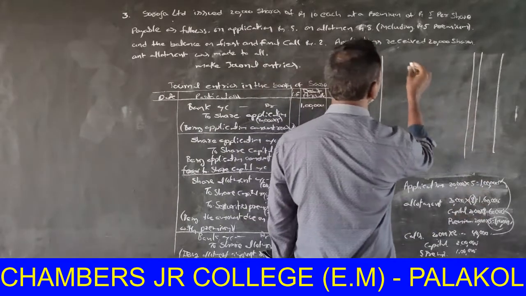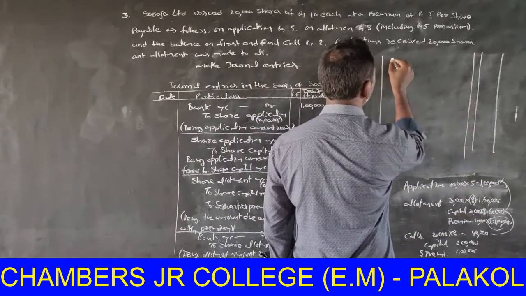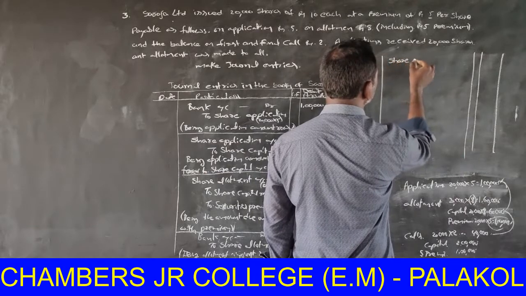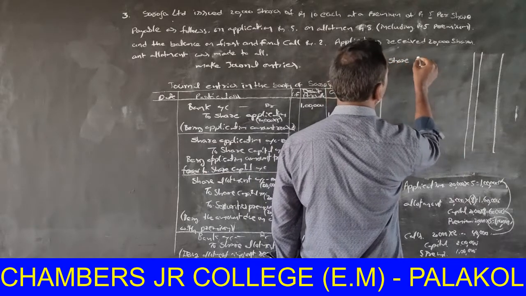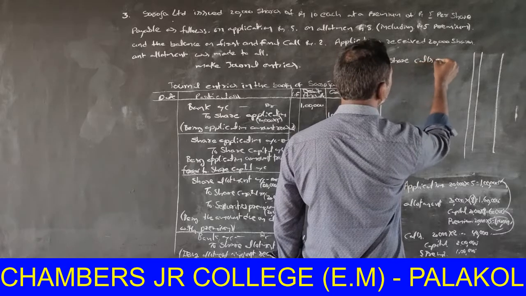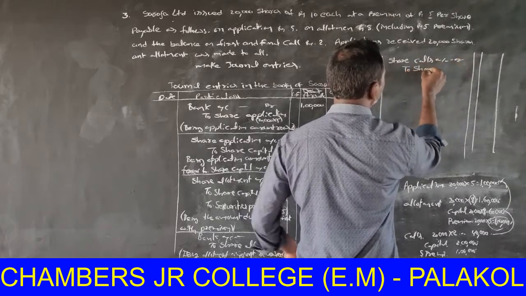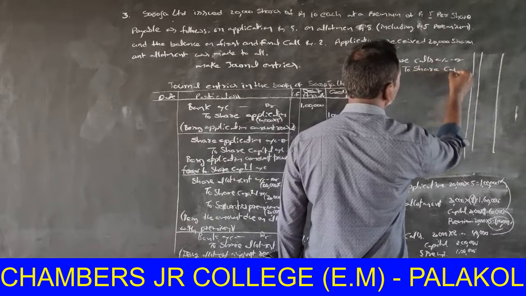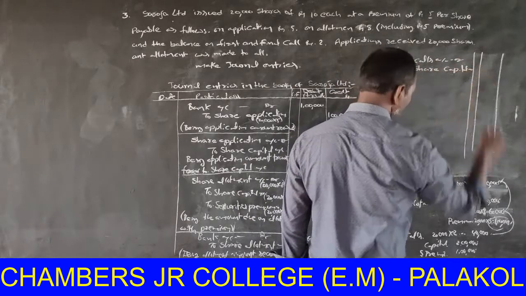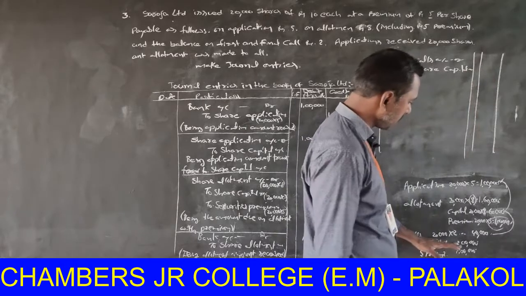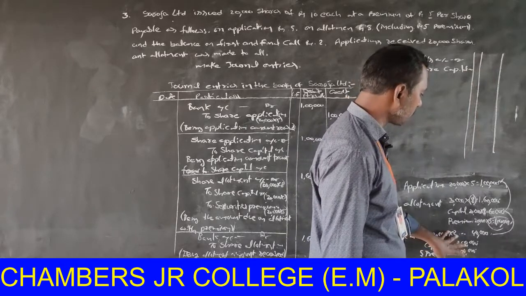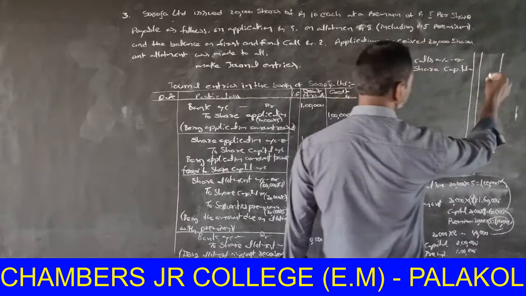The journal entry is share first and final call account debtor, or calls account debtor, to share capital account. Here the calls money is 20,000 shares into 2 rupees each, that is 40,000.